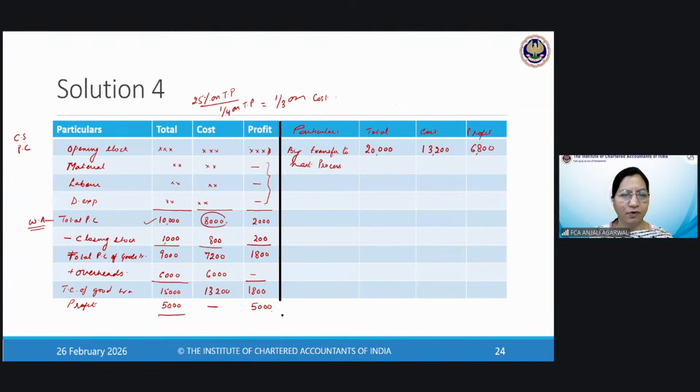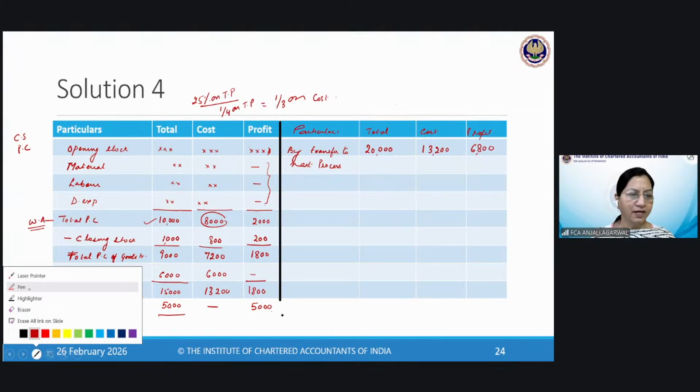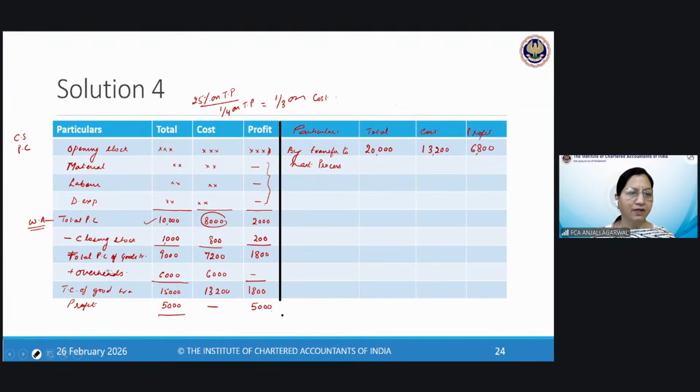So just calculate the percentage, 80%. So out of 1,000, 80% is closing stock cost, and the remaining is profit. And the best part is that these totals will always get tallied. So if you have made any error, you will be able to take note of it immediately, right? Like in equivalent production also, if your totals do not match, that means something has gone wrong.